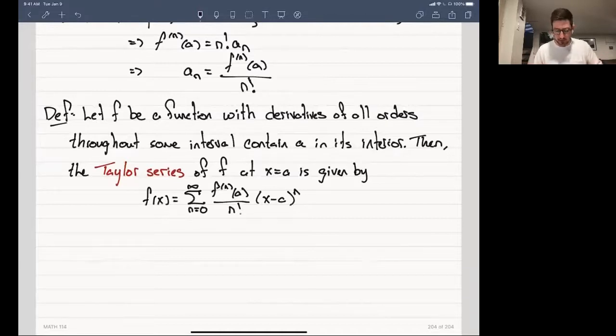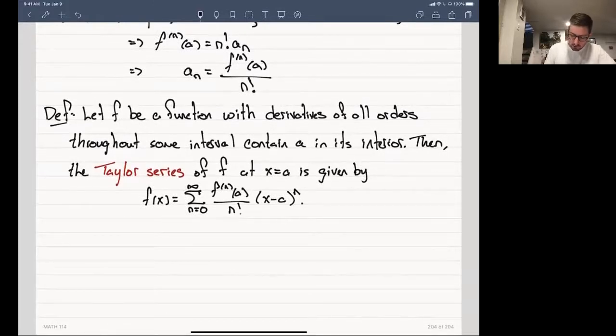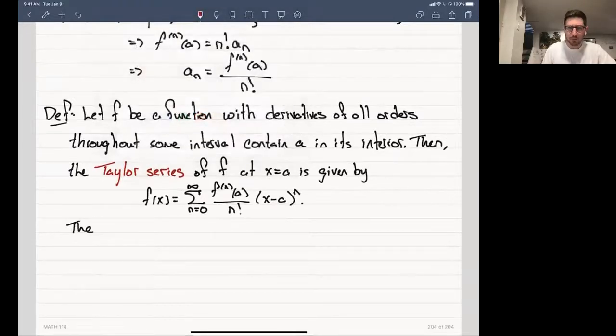Now, some people also refer to what's called a Maclaurin series. This is named after a Scottish mathematician, Colin Maclaurin, I believe his name is.